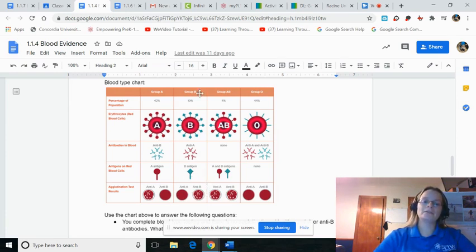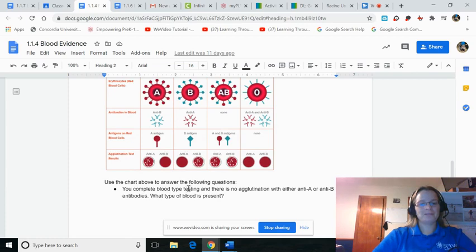And that's how you can tell if somebody is type B. If you look at the anti-A and it's completely normal looking and the anti-B looks clumpy or cloudy, that's type B. Same thing here with AB, it gets clumpy with both. And then with type O, it gets clumpy with neither. And that's called agglutination. When it gets clumpy, it agglutinates.